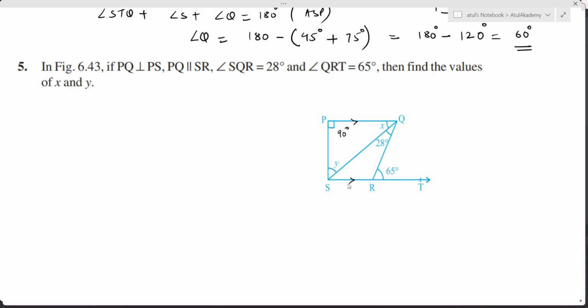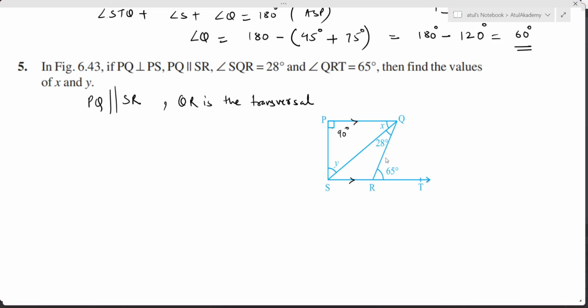Now, QRT is given as 65 degrees. Find the value of x and y. It's an easy thing. Now, PQ and SR: PQ is parallel to SR. Okay. And I can say QR is the transversal. Whenever there are parallel lines, just check if you see alternate interior angles or not.